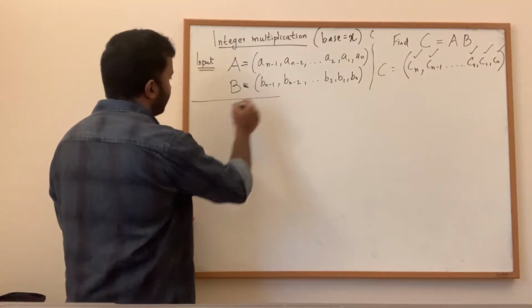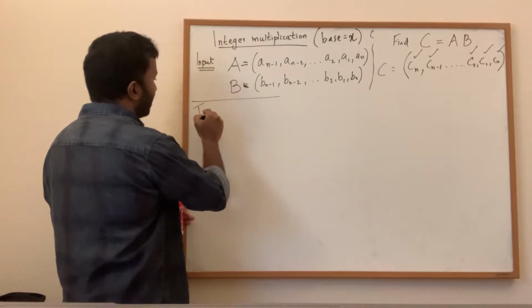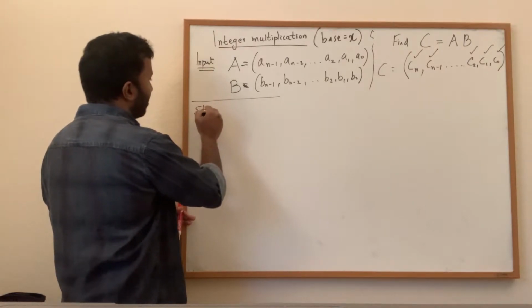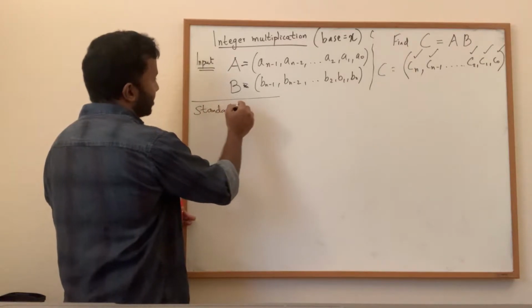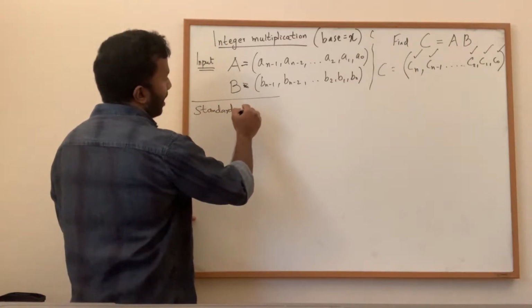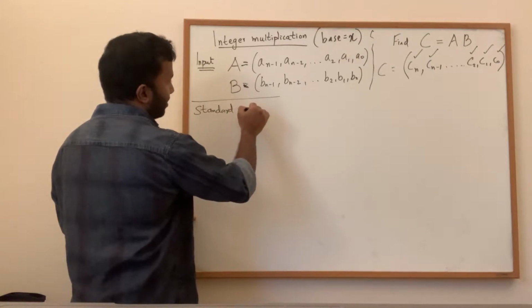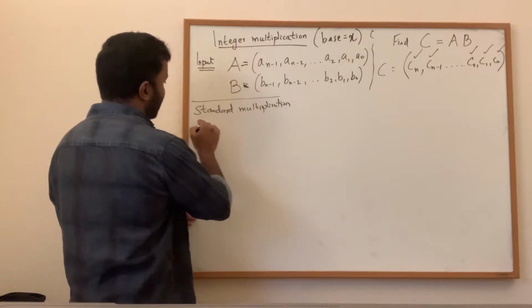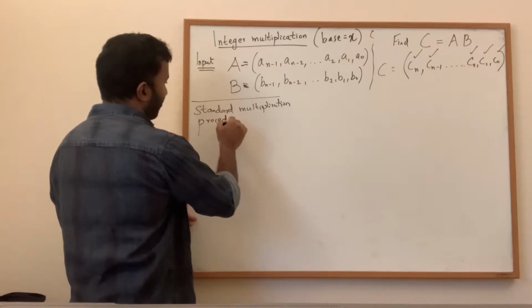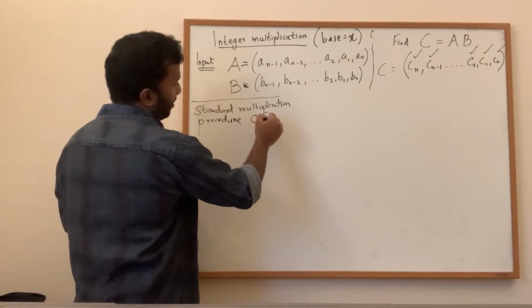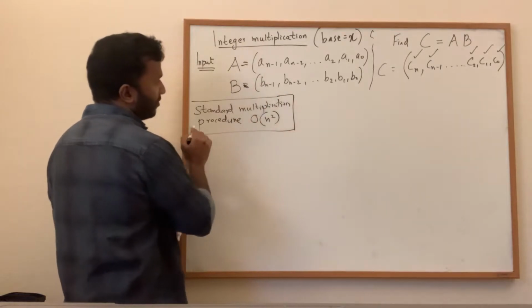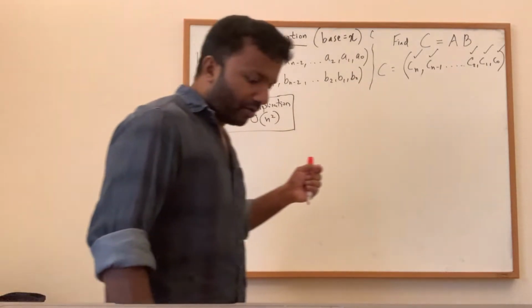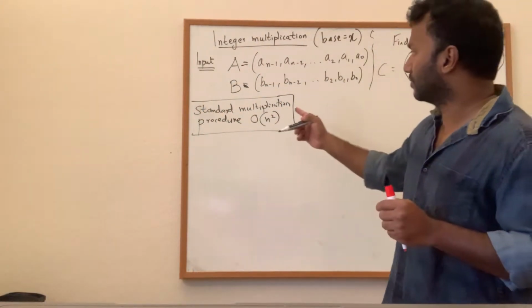So the trivial solution, or the standard multiplication algorithm, takes big O of n squared time, right? And the question is, can we somehow improve this bound?